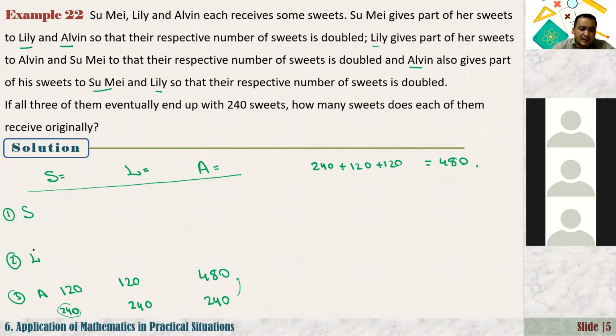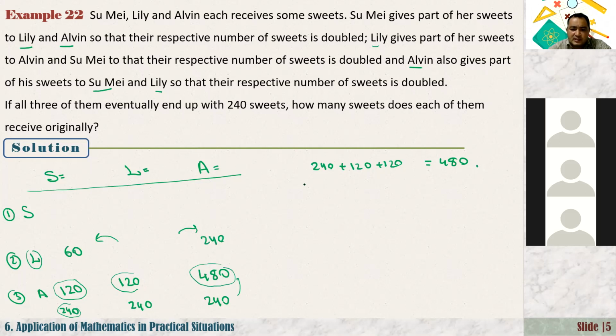How about the second step? Lily is giving some to Sume and some to Alvin so that their numbers are doubled. Half of 120 is 60, and half of 480 is 240.